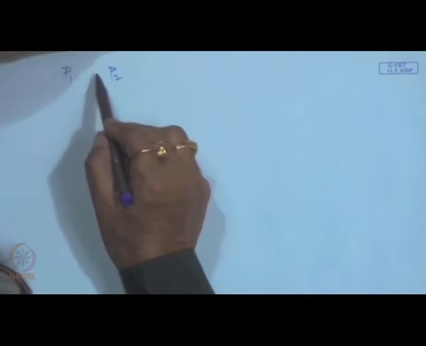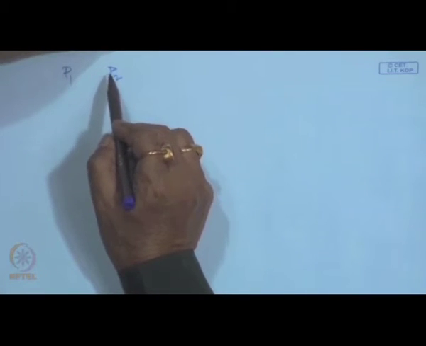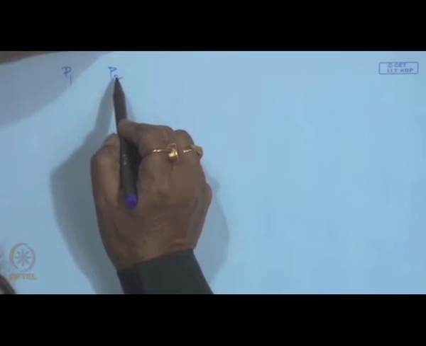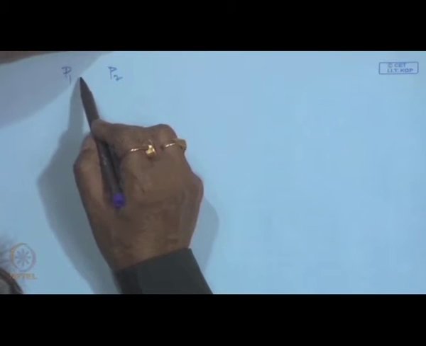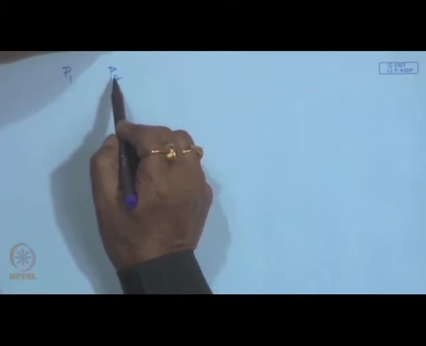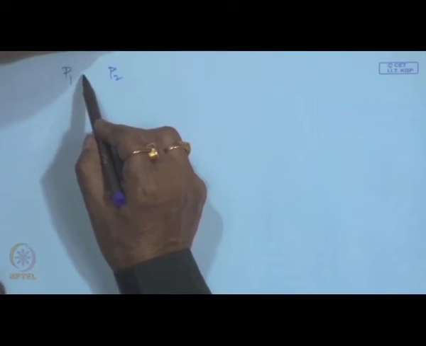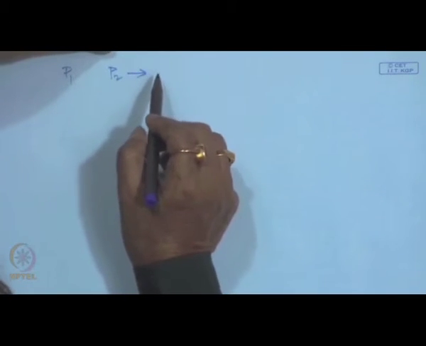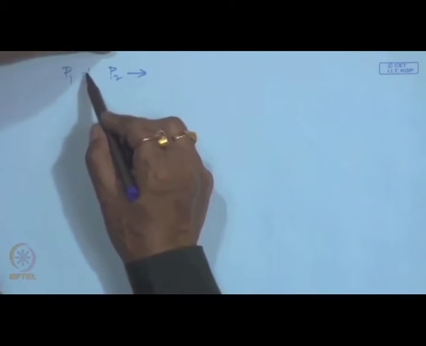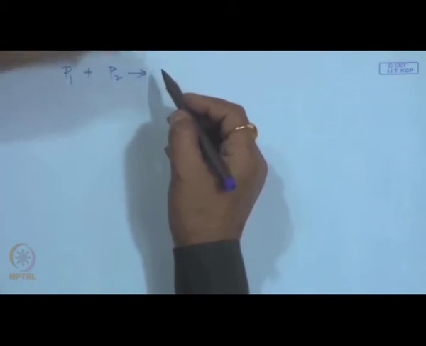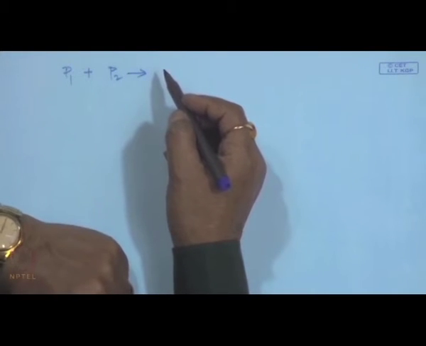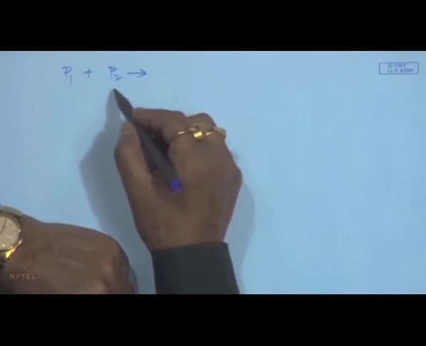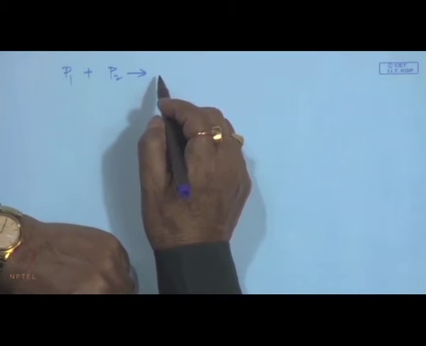So, these two different functional groups present in P1 and P2 can react with each other to form a new product, and through such a reaction, separation of phase P1 from phase P2, or separation of phase P2 from P1, can be prevented.